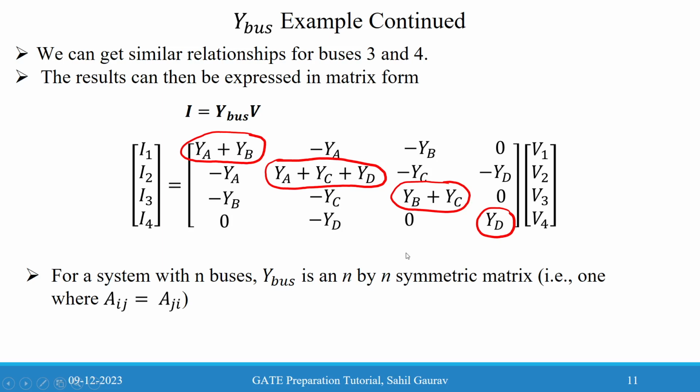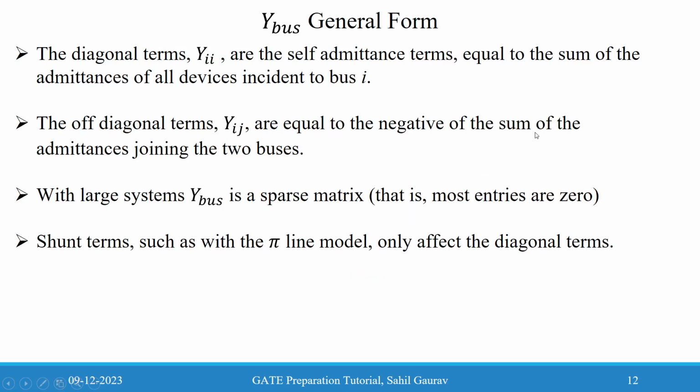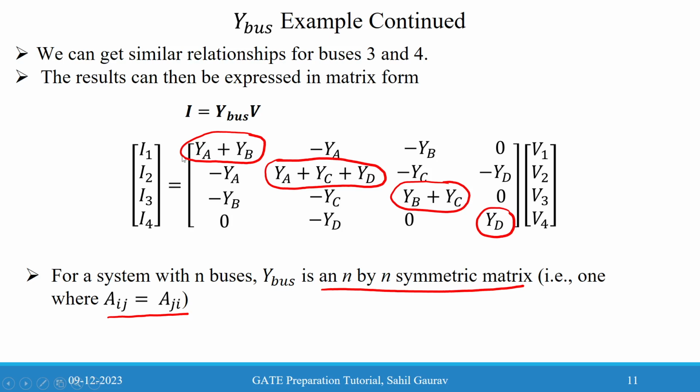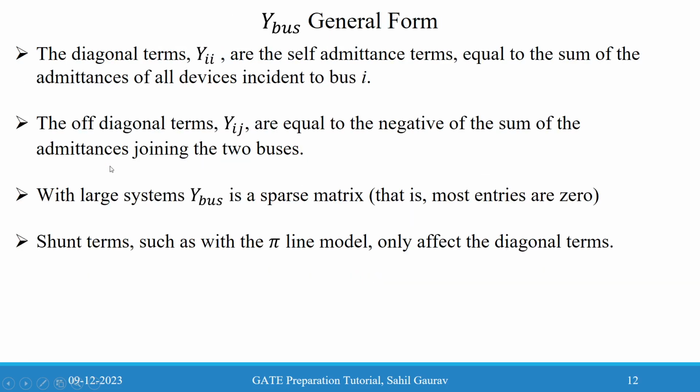Y bus is an n cross n symmetric matrix. So we can write these values also in just that way. Now we can write down the conclusions that we have drawn by solving this Y bus.